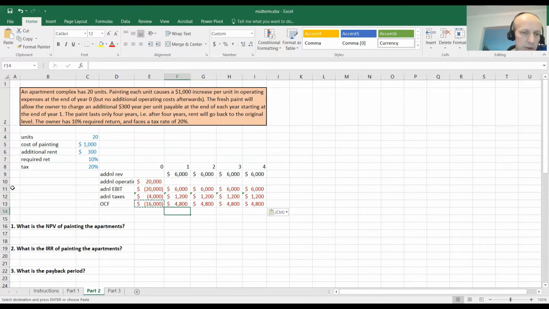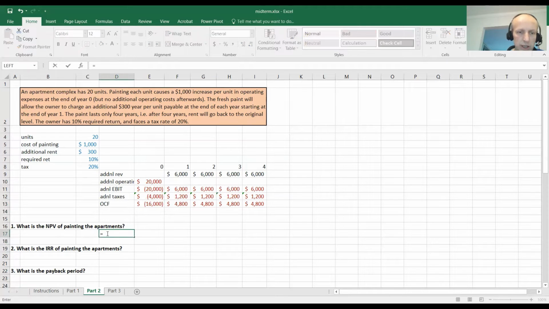Okay, fantastic. So we could just calculate the NPV of this project. We'll take the immediate cash outlay plus the NPV at the required rate of 10%.